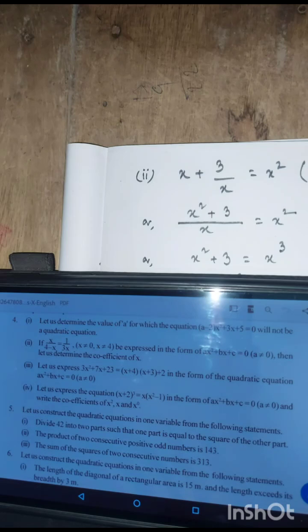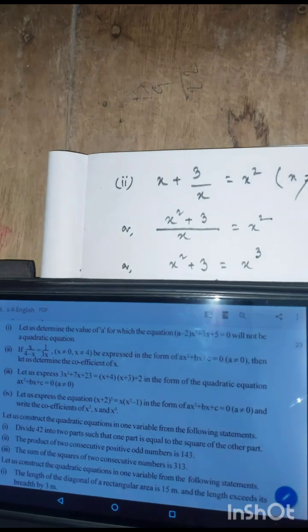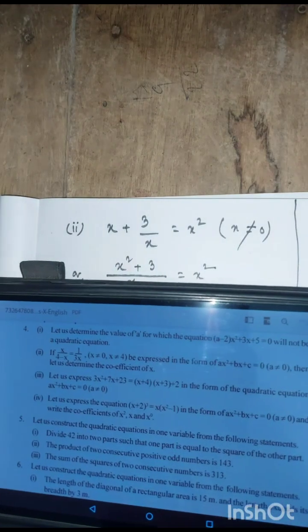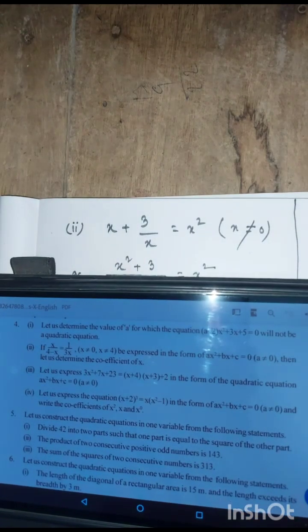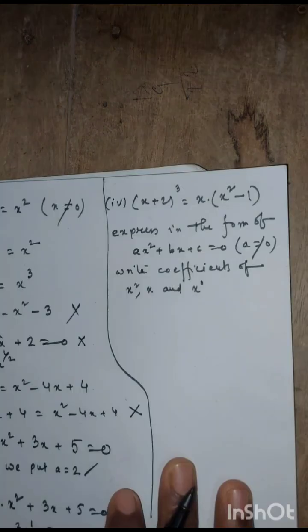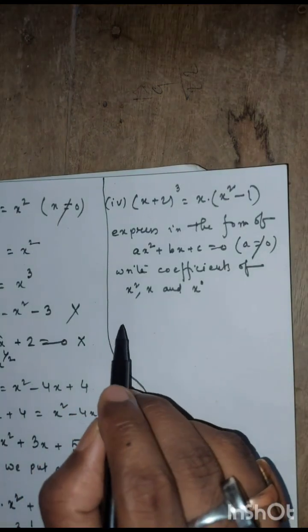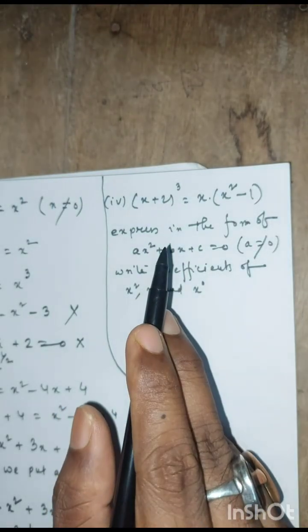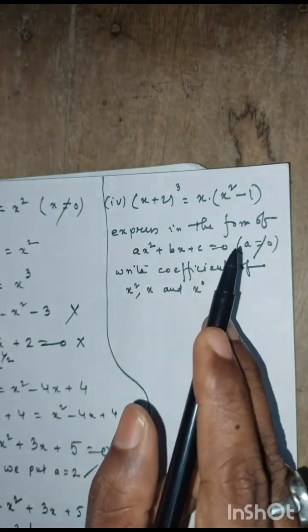It says let us express the equation x plus 2 whole cube equal to x into in bracket x square minus 1 in the form of ax square plus bx plus c equal to 0, and write the coefficients of x square, x and x to the power 0. Okay, so let us write the given informations. So x plus 2 whole cube, so I am breaking it using the formula a plus b whole cube.